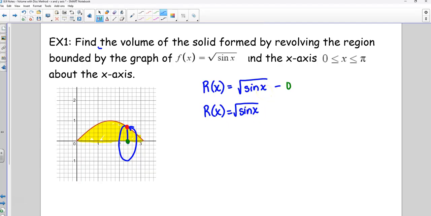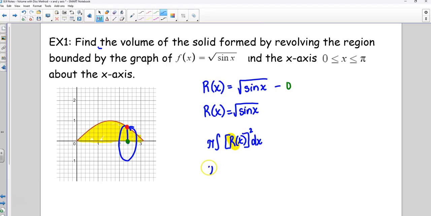And so we want to integrate our area formula when you're rotating, which is pi r squared, right? So I kind of like to leave the pi out front, but be careful, it's really easy to lose it. If you want to put it on the inside there, it's fine. Pi times the radius squared. But our radius is going to be our capital R of x, and we're going to square it, right?